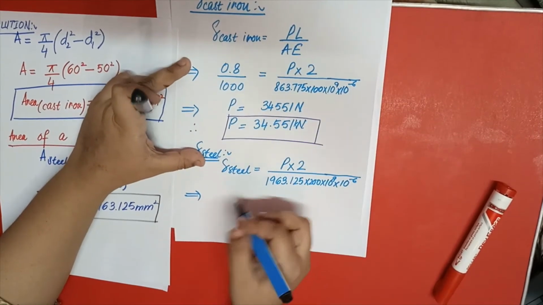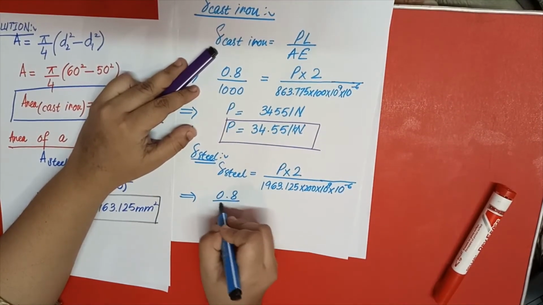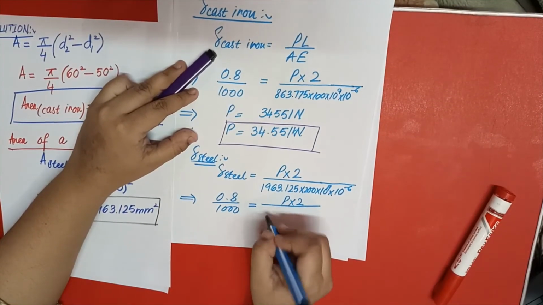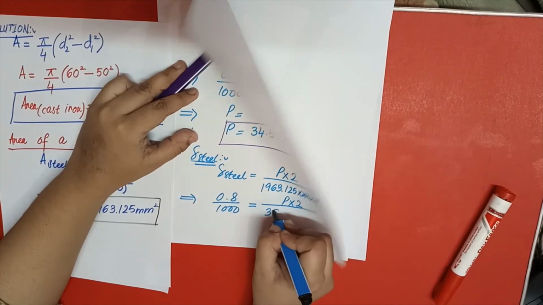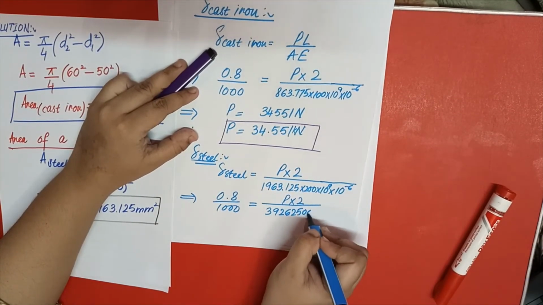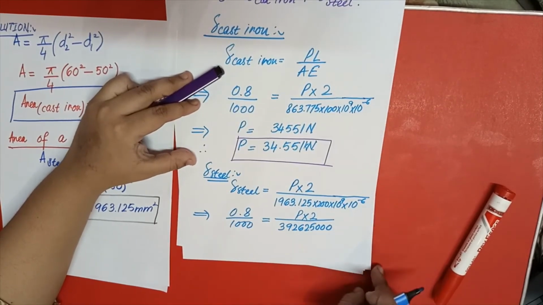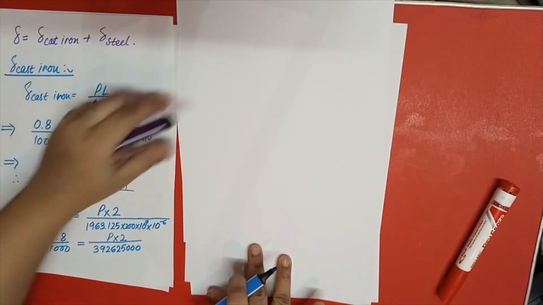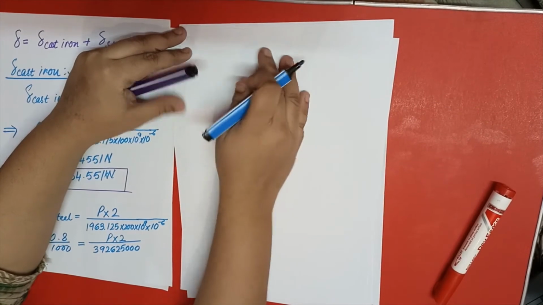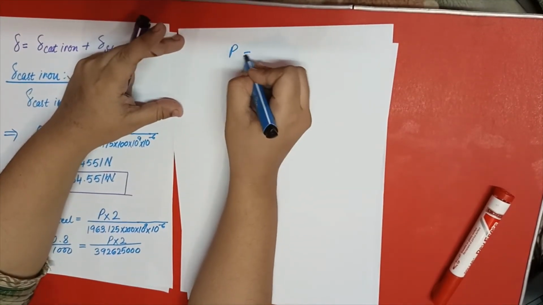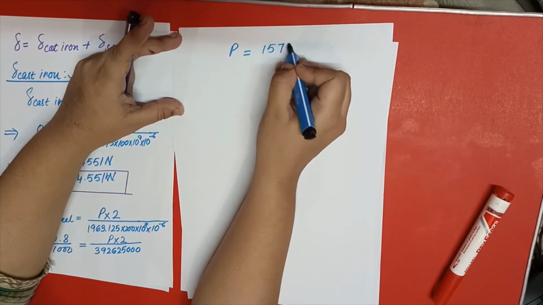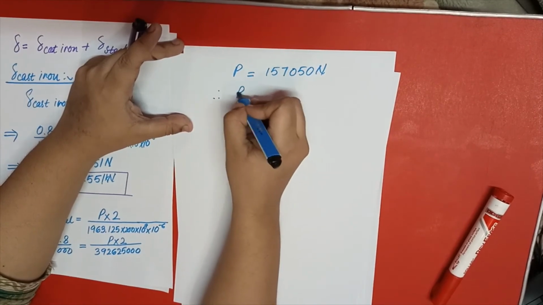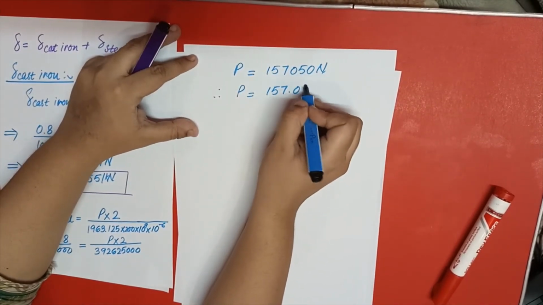So it will be 0.8 divided by 1000, P into 2, and this will be 392,625,000. So I am moving towards the next page to simplify it. So P equals to 157050 Newton. Therefore P equals to 157.05 kilonewton.